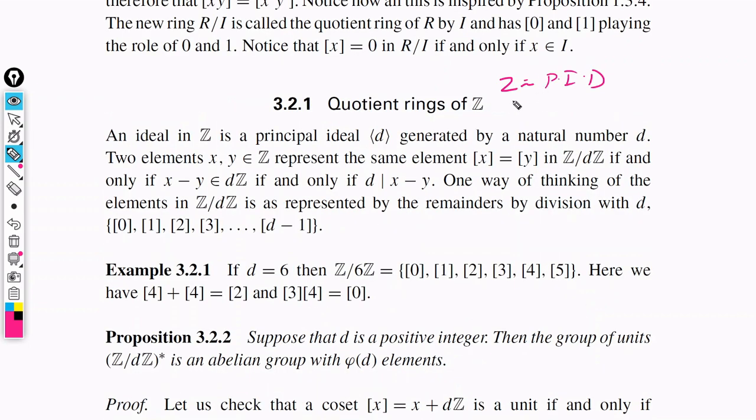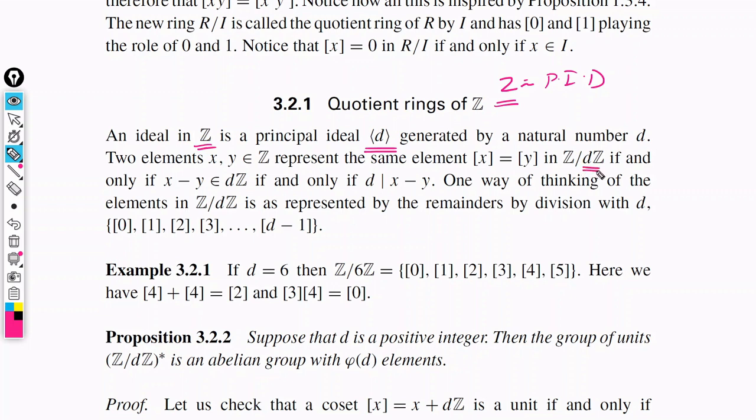We know that Z is a principal ideal domain. That means every ideal of Z is principal. So we consider an ideal of Z denoted by dZ, because every ideal is principal, corresponding to a natural number d. Then two elements x, y belonging to Z represent the same coset, or same element in Z by dZ, only when their difference belongs to dZ, right?